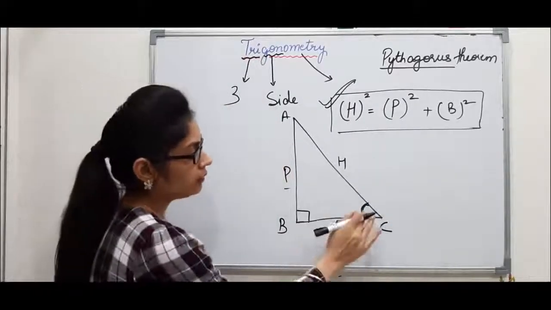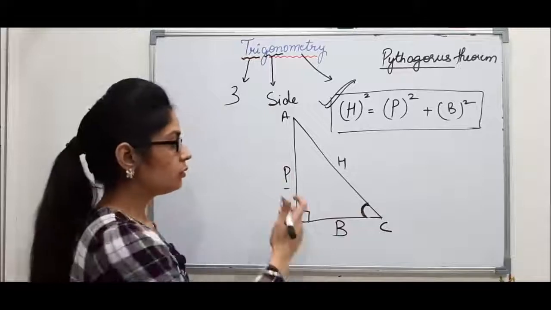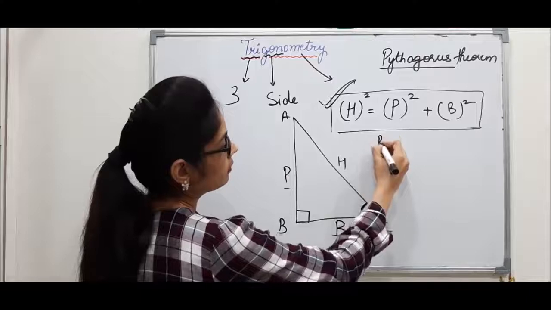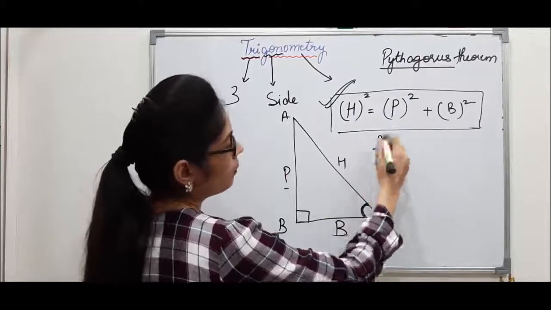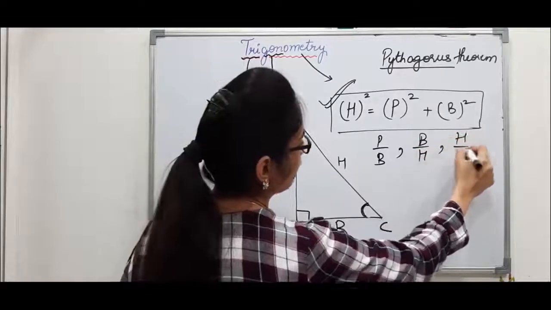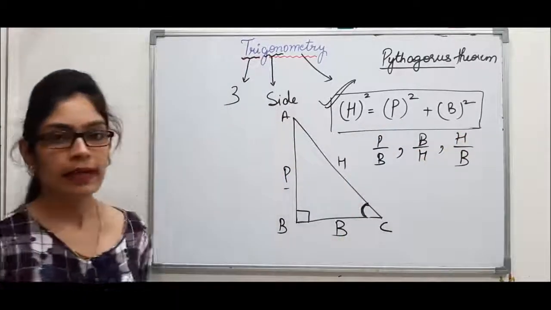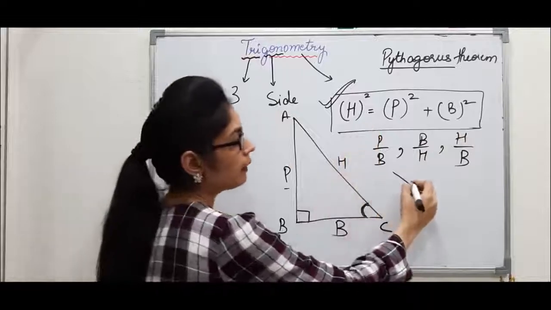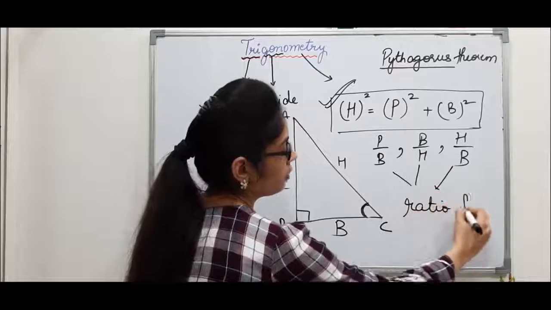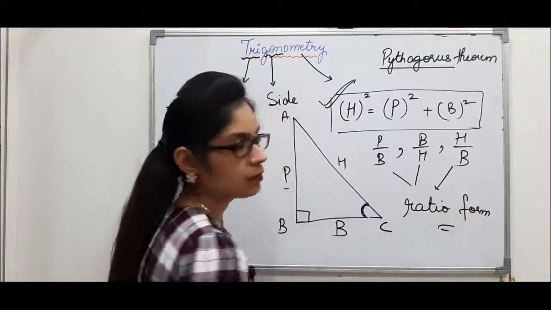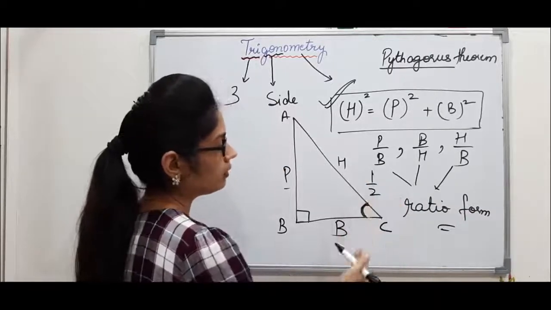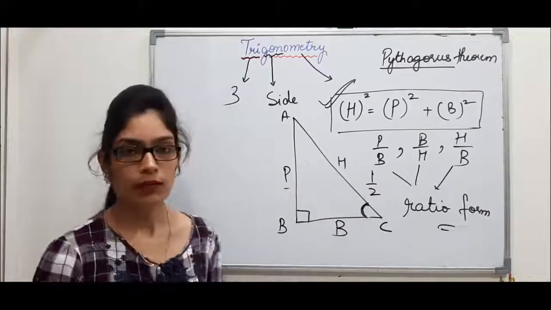Now let's talk about trigonometric ratios. Three sides are there in a triangle. If I write it like this, P by B, perpendicular by base, or base by hypotenuse, hypotenuse by base, what I am doing is writing all these in ratio form. In smaller classes we have already learned that if we write in this way as a fraction, like 3 by 4, we are writing in ratio form.